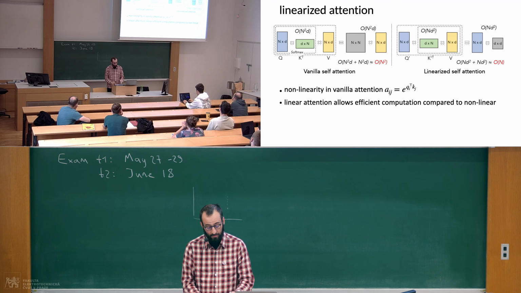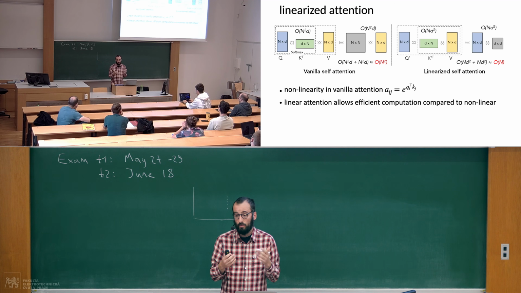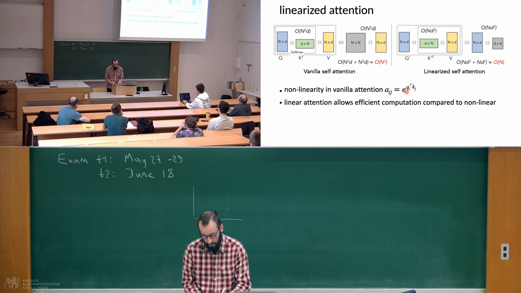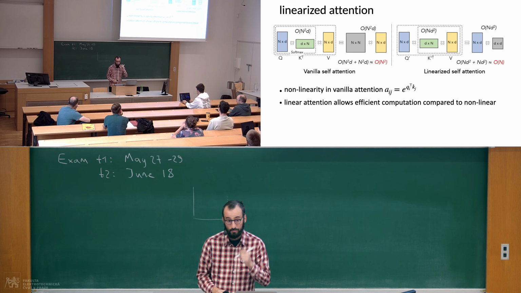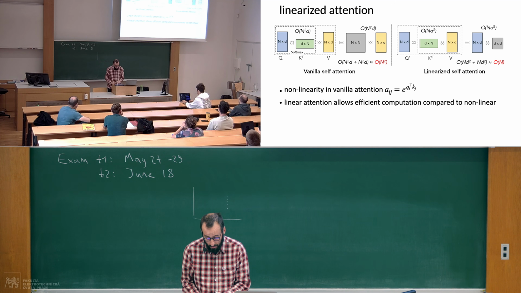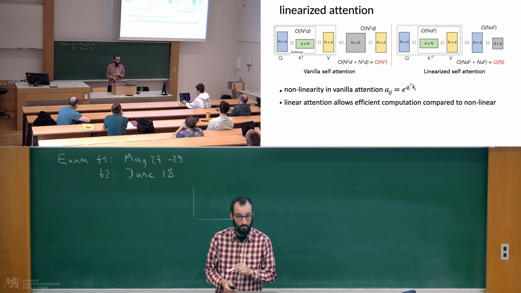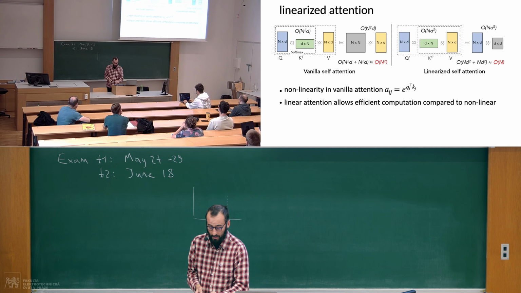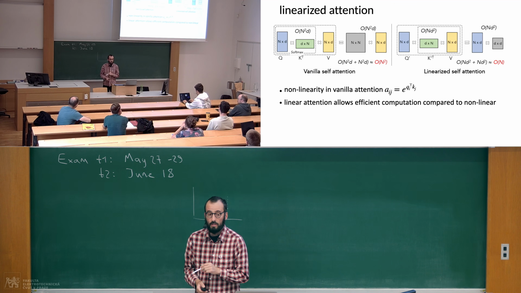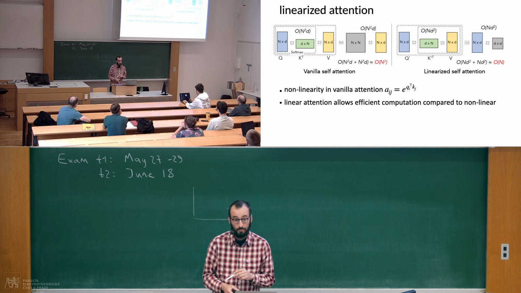But if there wasn't an exponential there, and there was a linear attention weight, let's say we forget the exponential and this is just a dot product, then one can change the order of the operations, and first multiply those two, and then the result with the queries. And now this is linear in the number of elements.